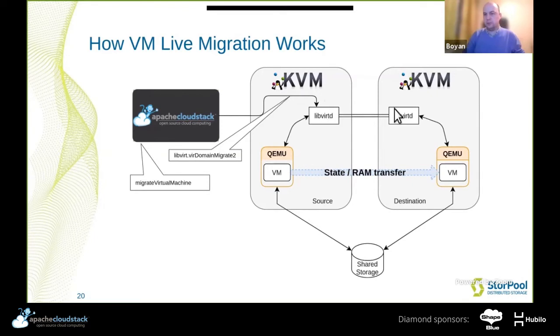Then libvirt talks to the other libvirt, and the two QEMU processes talk to each other to seamlessly migrate the virtual machine from one KVM host to the other, while the source and the destination host have access to the same shared storage system. That shared system might be NFS, or it might be a block device from one of these dynamically provisioned storage systems I mentioned previously. It can be any of the supported storage types except for local storage, because local storage doesn't give you this shared storage paradigm.